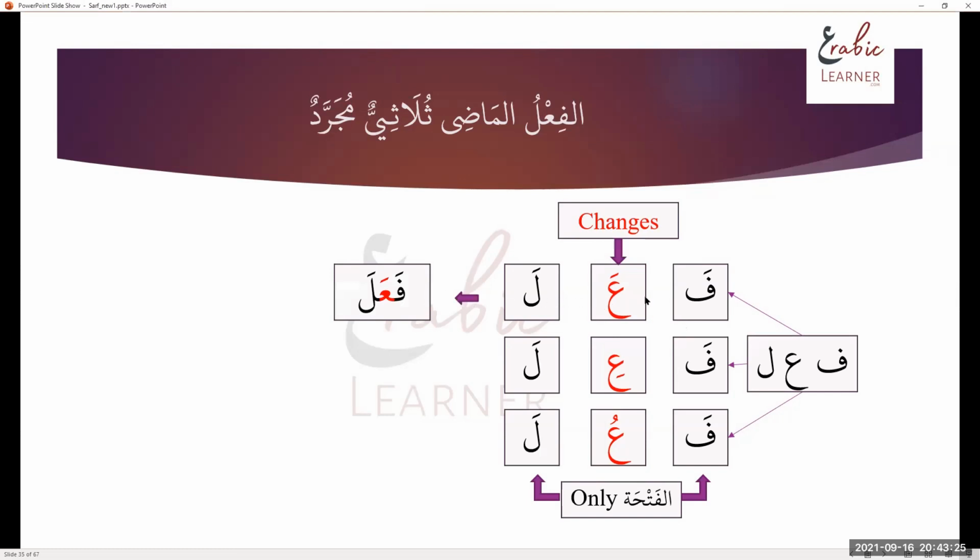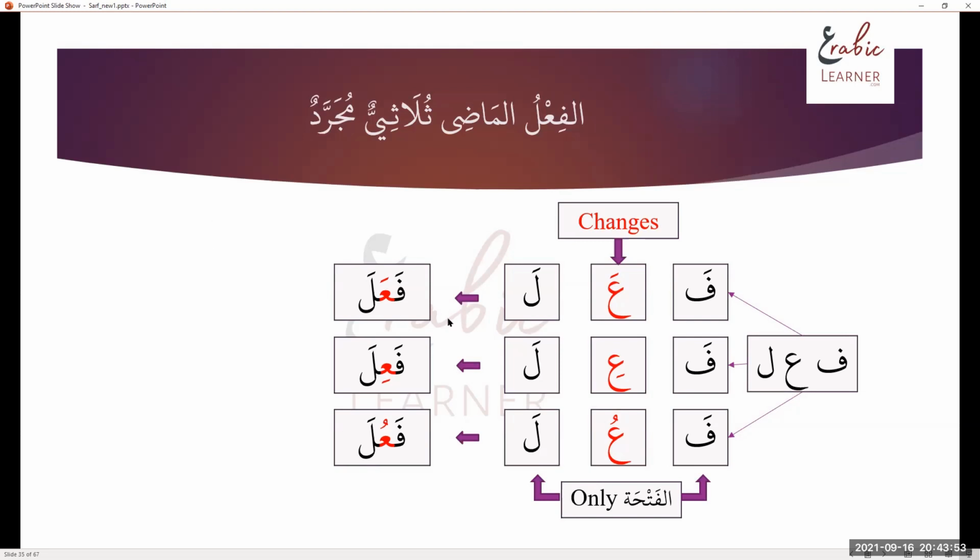We are getting Fa'ala, Fa'ila, and Fa'ula. So these are the 3 that are possible in Thulathi Mujarrad.